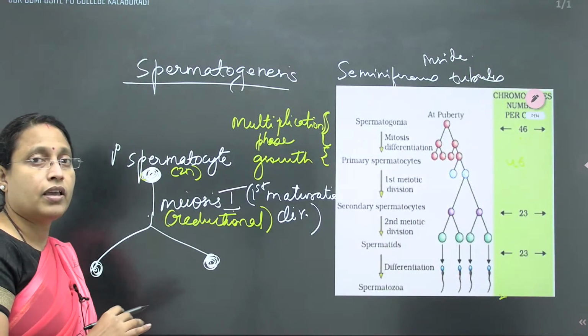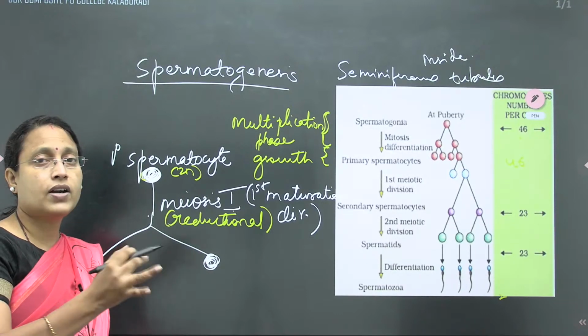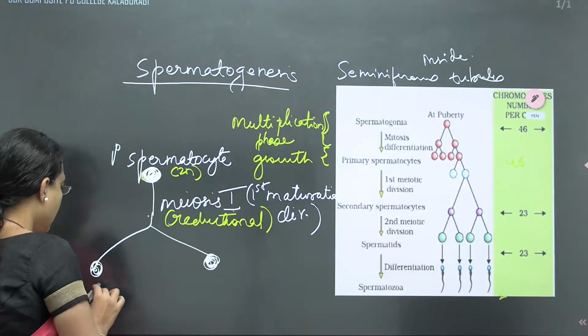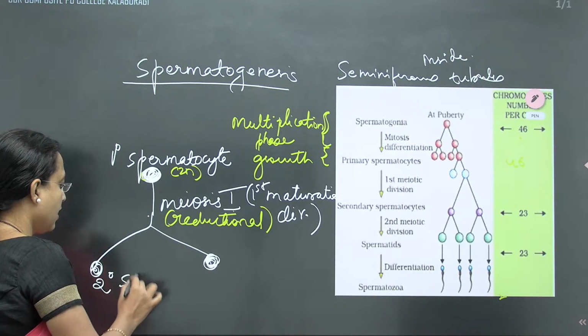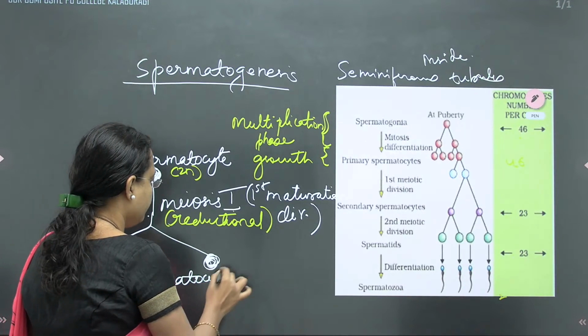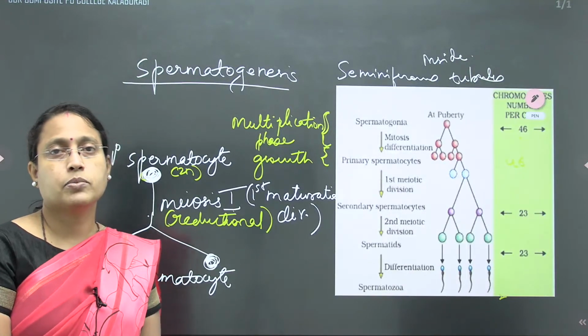Both are capable of forming sperms, whereas it is different in case of female. So both are called secondary spermatocytes.